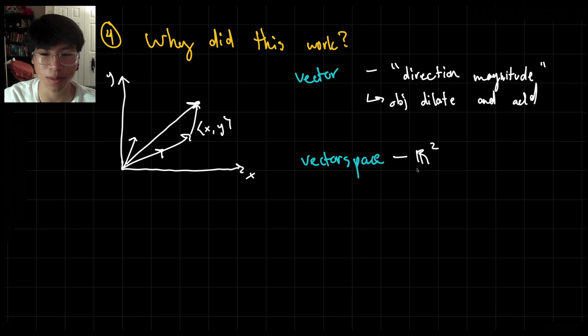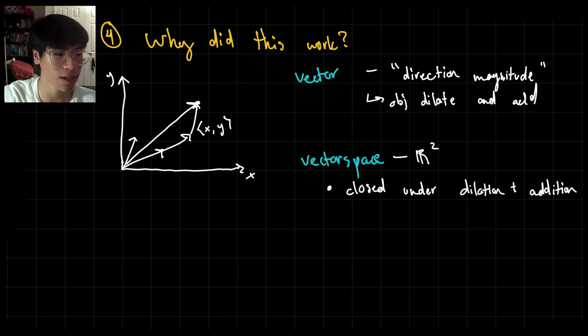And what is a vector space? I won't go into too much detail, but it has one important property. That property being that it is closed under dilation and addition. So clearly for any vector in R squared, you can dilate it or add it to another vector in R squared and get yet another vector in R squared.